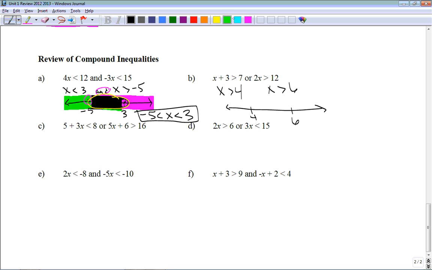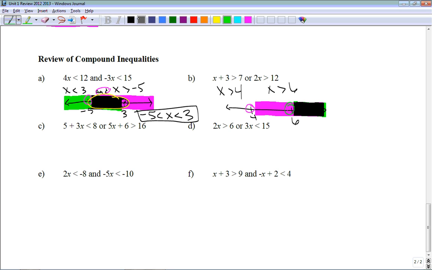So first of all, x is greater than 4. So it's an open circle because it's not equal to, but we're going to go greater than 4. Then we have x is greater than 6. So we have an open circle at 6, and then greater than 6.